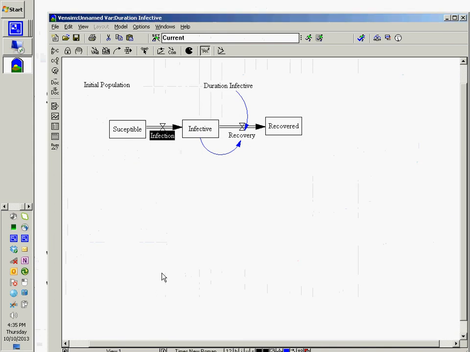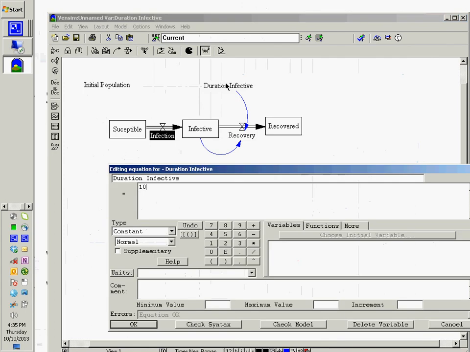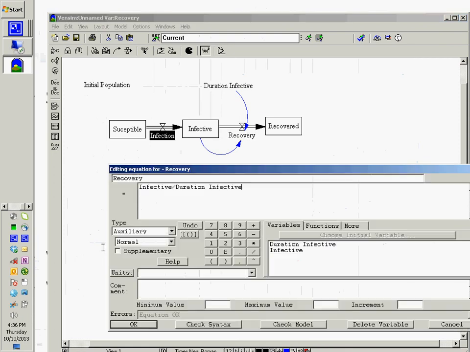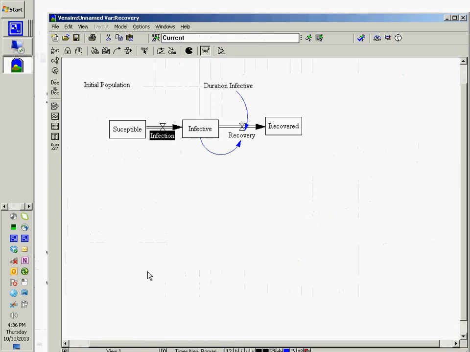That would be fine. Sure, I'll fill it in. You folks don't have to follow along, but sure, I'll do 10 days. And for recovery, I'll do people per day. Sure, that's great. By the way, it knows about the equivalence of days and day, so it knows those are the same. One day can be quantified in days, etc.